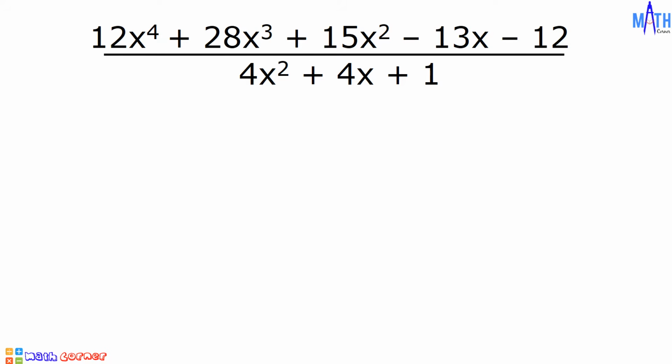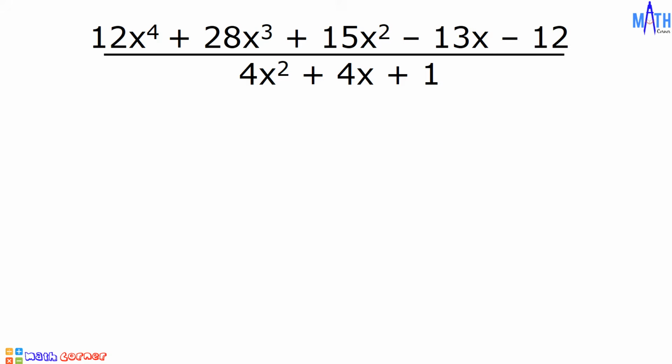Let us look at the divisor. The divisor is 4x squared plus 4x plus 1. The leading coefficient is not equal to 1. We need to make the leading coefficient equal to 1 by factoring out 4.